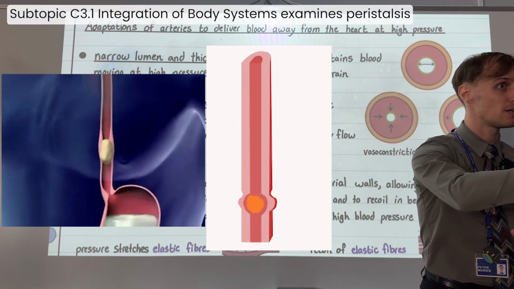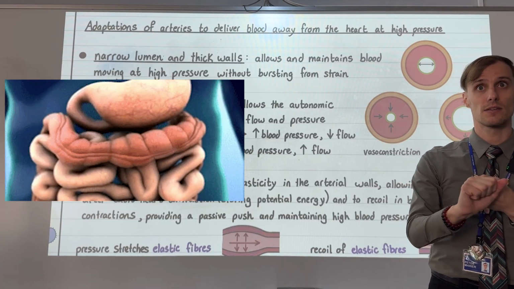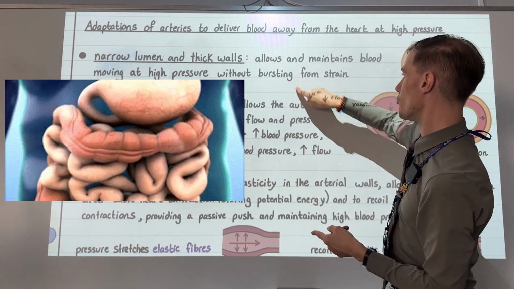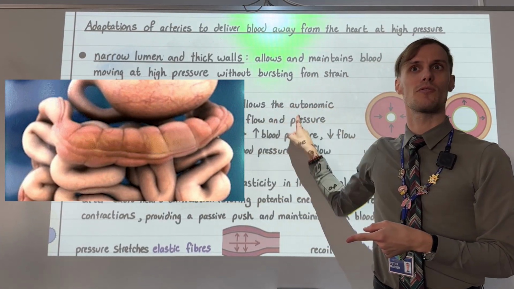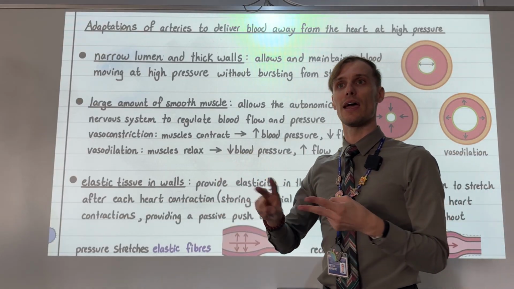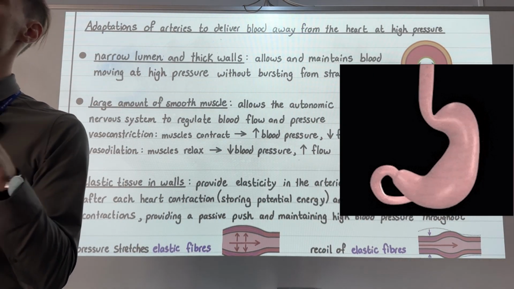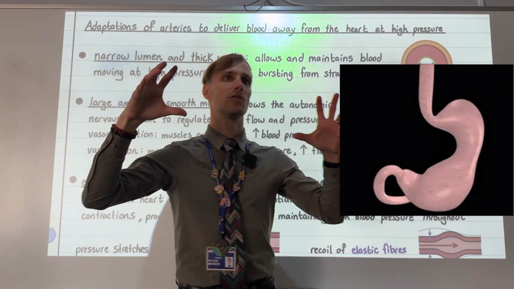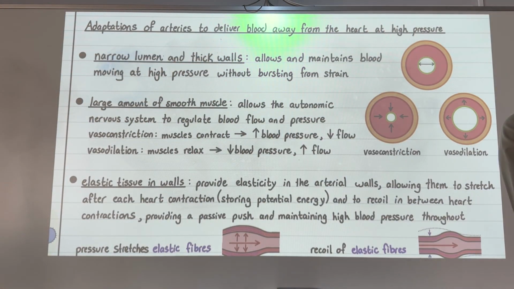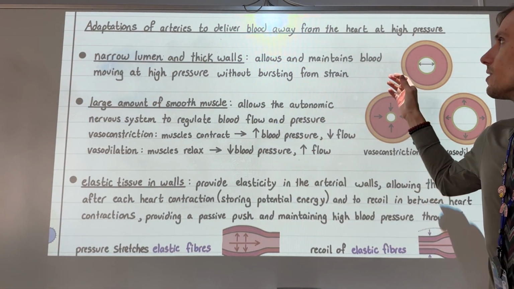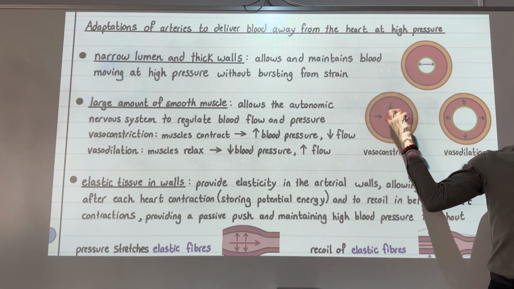We'll talk about that in another subtopic. Your intestines, and that's how we can move food in that crazy way through your intestines. And your stomach. Your stomach is also surrounded by smooth muscle that allows it to churn and move. So anyways, this is to say that you have muscles.